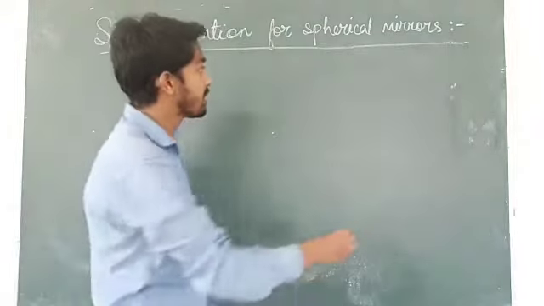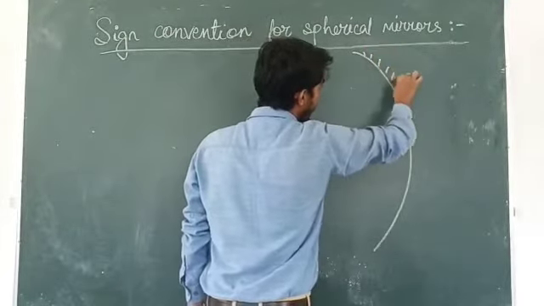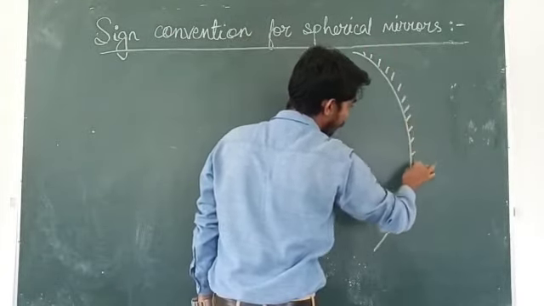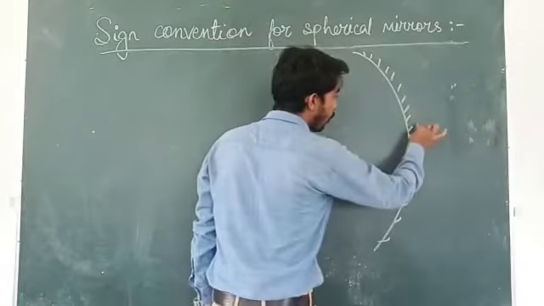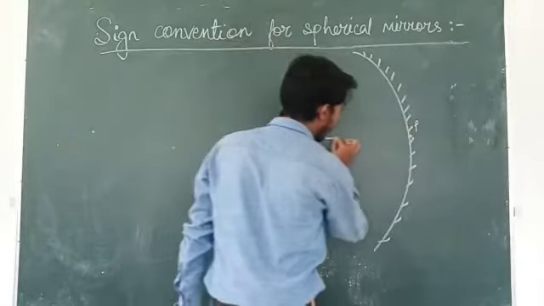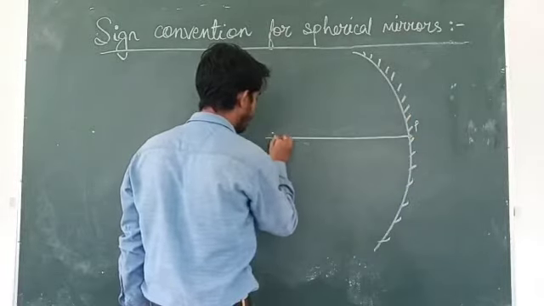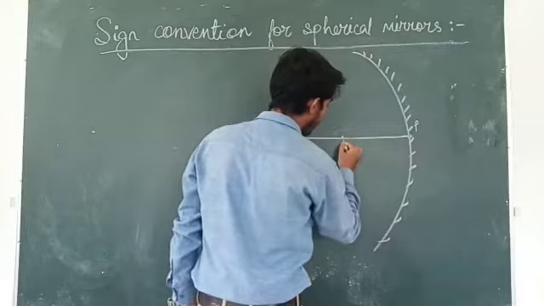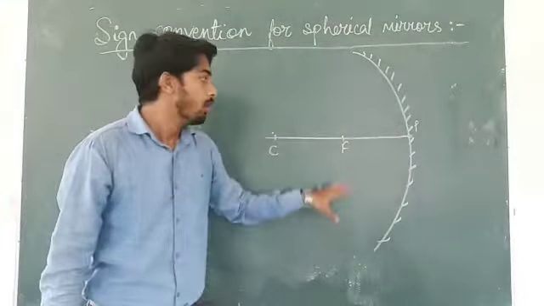So let us assume one of our curved surfaces or a mirror placed in this way. This is our mirror's pole. This is our principal axis having center of curvature C. In the middle of C and P there will be the focus.